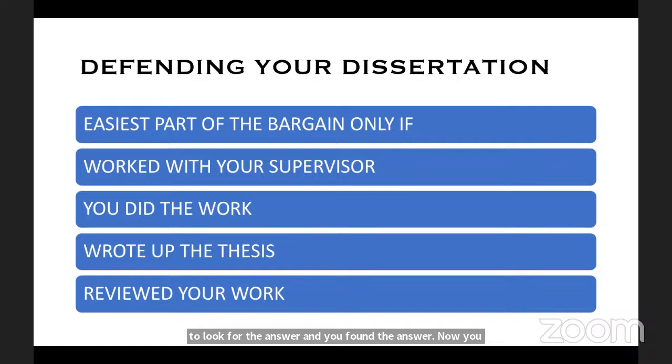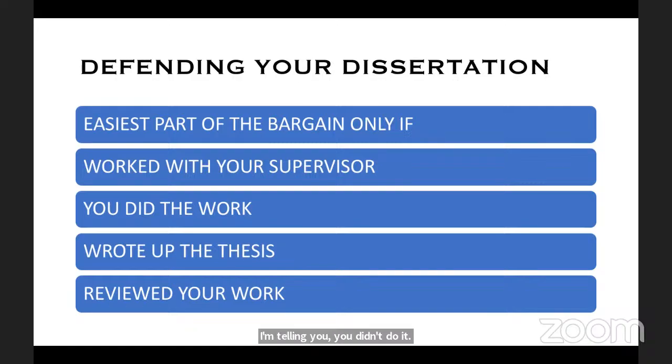Then why will you fail your defense? If you actually did it, definitely, it's going to be the easiest part. Anybody that fails the defense of this dissertation did not do the work. I'm telling you, didn't do it. Or if he did, he didn't understand what he did.